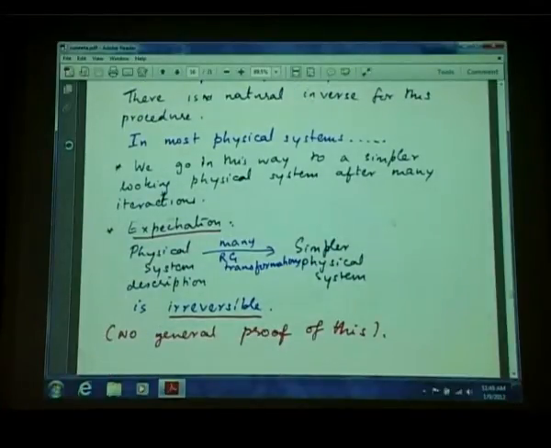Okay. So the description of a physical system after many such renormalization group, or RG, transformations becomes a simpler physical system. And the expectation is that this procedure of going from a complex physical system to a simpler physical system is somehow irreversible. Okay. I'll try to explain what I mean by that later.